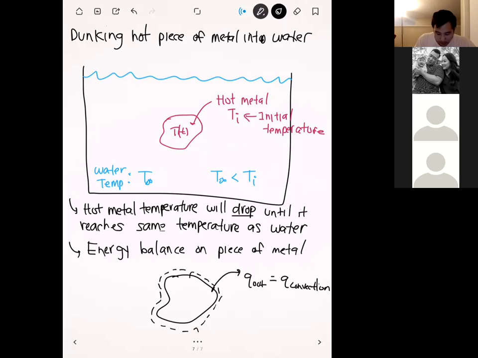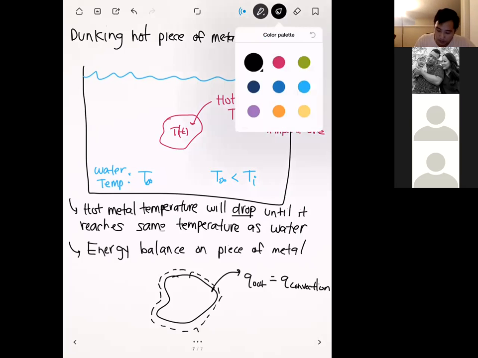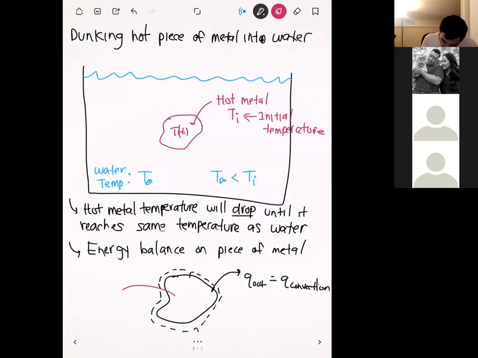The other thing we have to keep in mind here is the internal energy of the metal. Internal energy, if you remember from thermodynamics, is basically another name for its temperature.